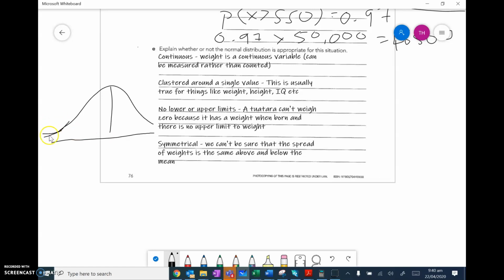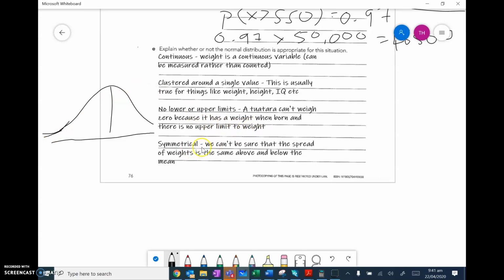Now here the weight can't be 0, and it can't go less than 0, so you could effectively say that's a limit, but it's actually not ever going to reach 0. It's going to get closer and closer and closer, down, down, down, but it's never going to reach there.